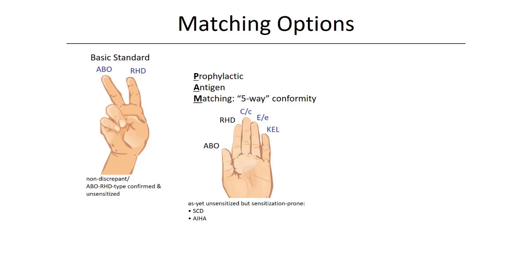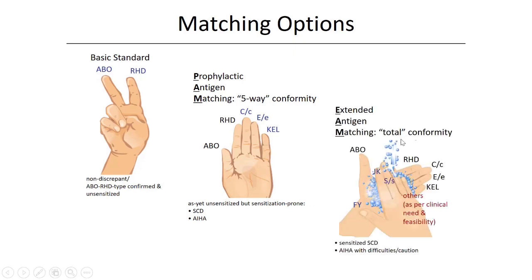KEL is quite immunogenic, a 30% seroconversion response when a little k confronts a big K positive unit. Prophylactic antigen matching is usually offered to as yet unsensitized but sensitization-prone patients with sickle cell disease, or those with autoimmune hemolytic anemia who have not yet made alloantibodies.